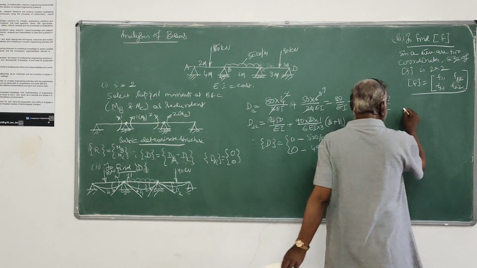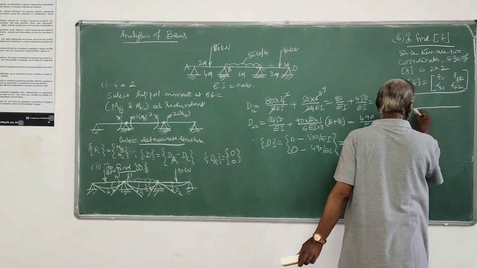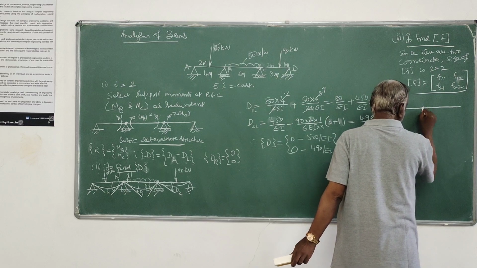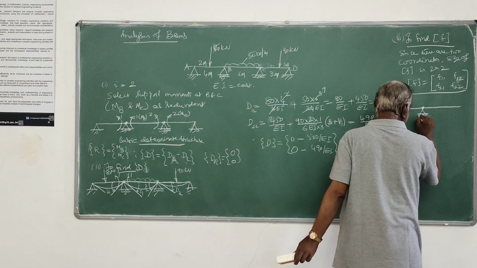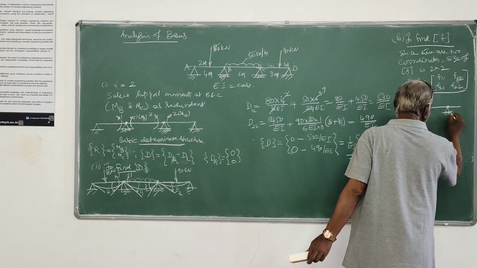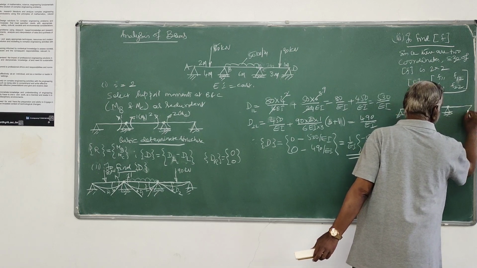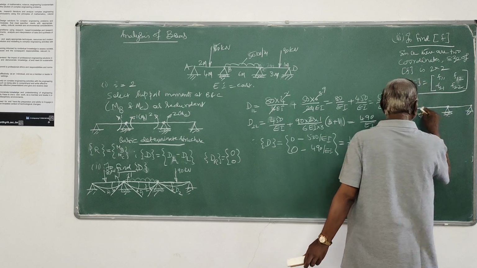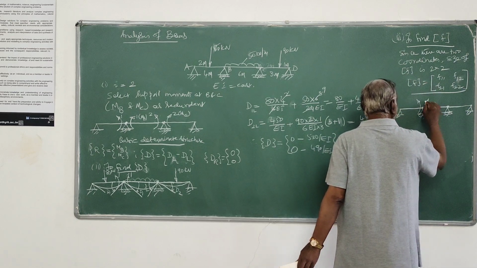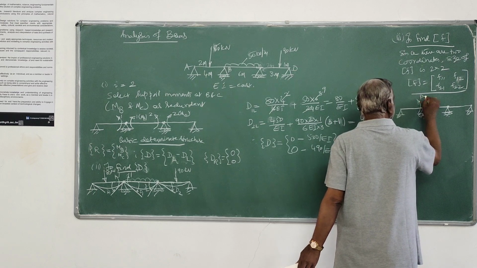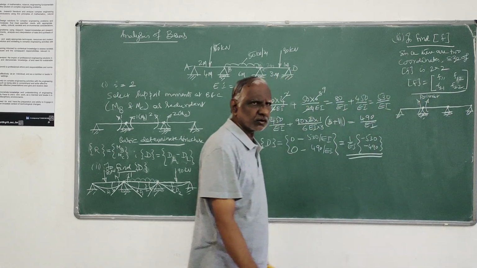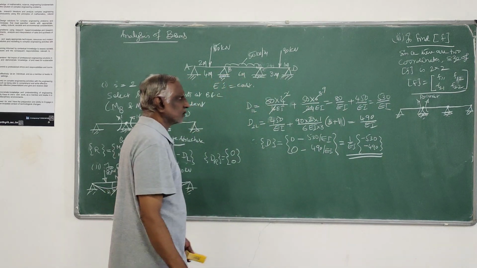Now first we will just take the determinate beam as usual. This is the determinate beam. You give unit force along 1 first. I will give P is equal to 1 unit. Unit force I have to give along each coordinate.